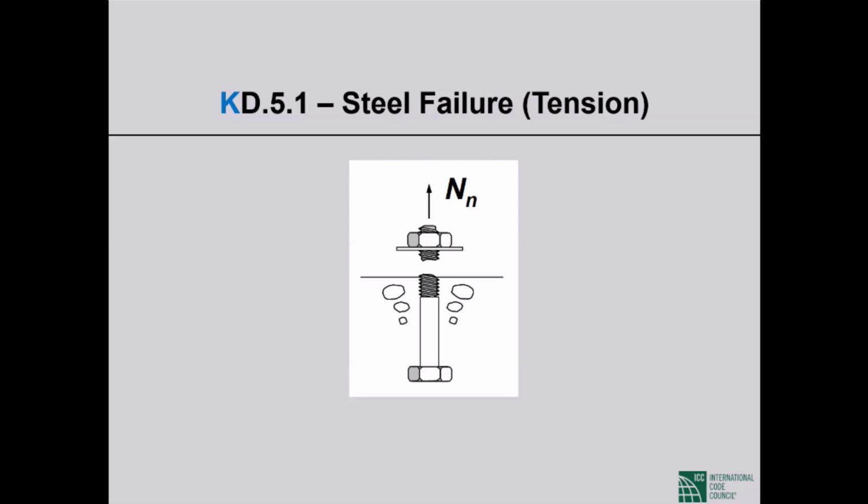Okay, so we have 4 failure modes. First one is the anchor itself failing, just like a reinforcing bar fails under tension.